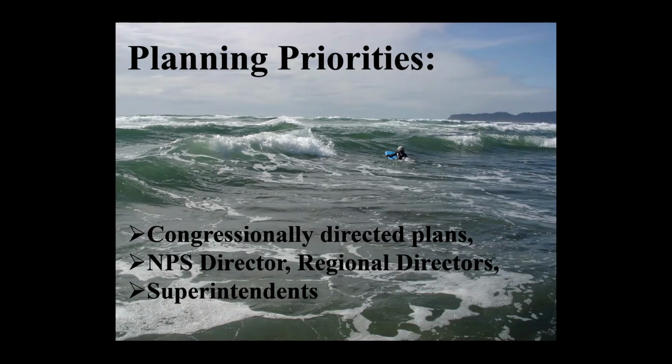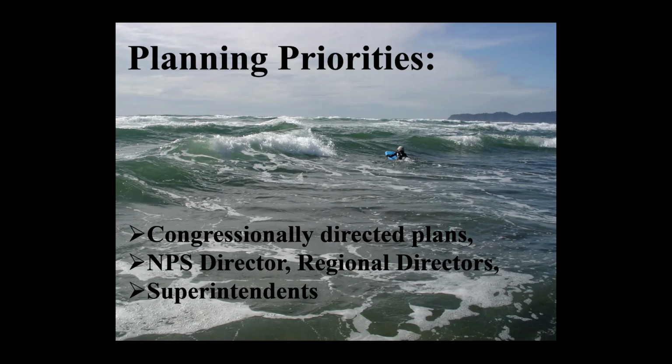All right, planning priorities start at the top. Congress sets the broadest direction in that originating document, the establishing document for the park. And then the chain of command starts with the National Park Service director, and then there's a regional director, and eventually each park has a superintendent.